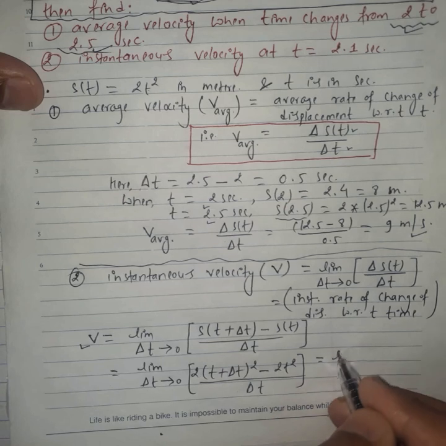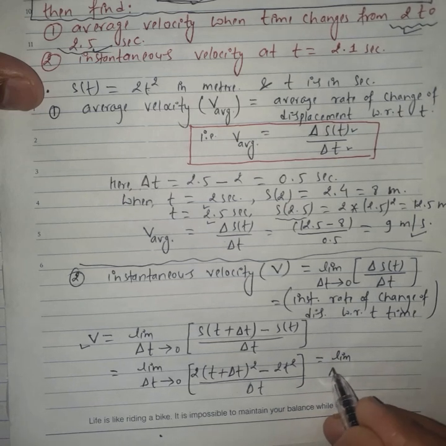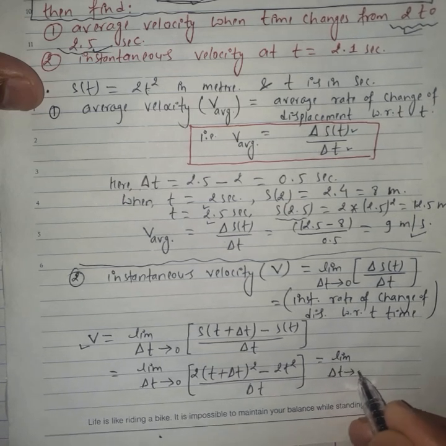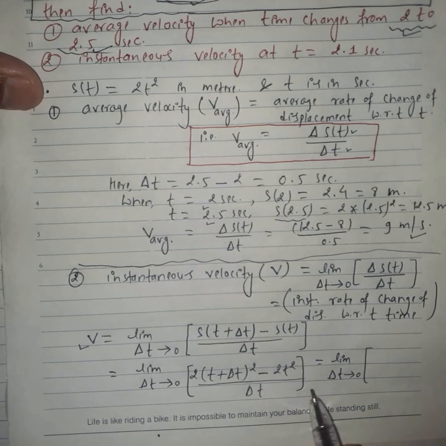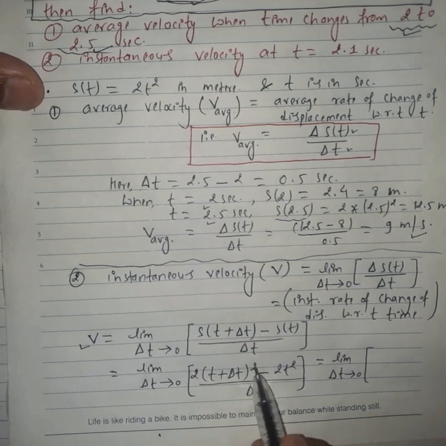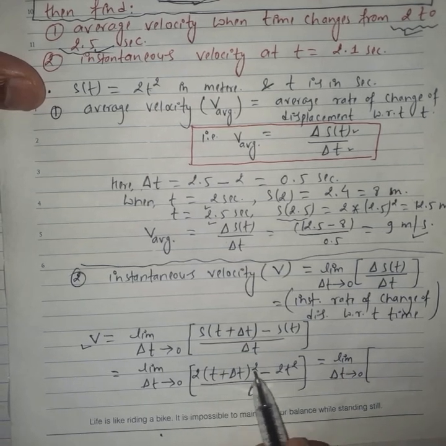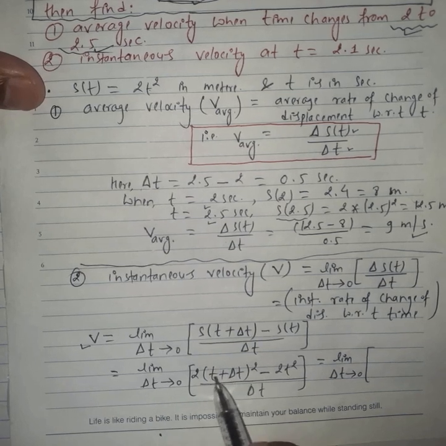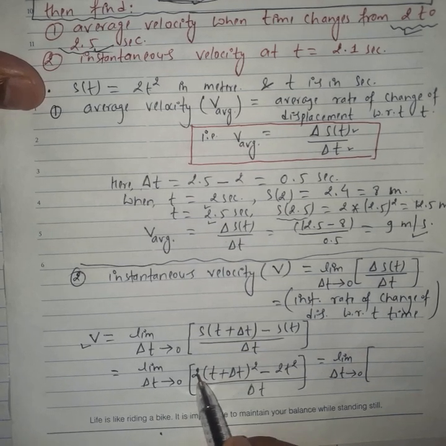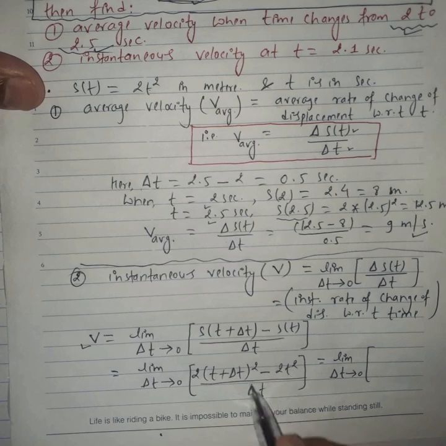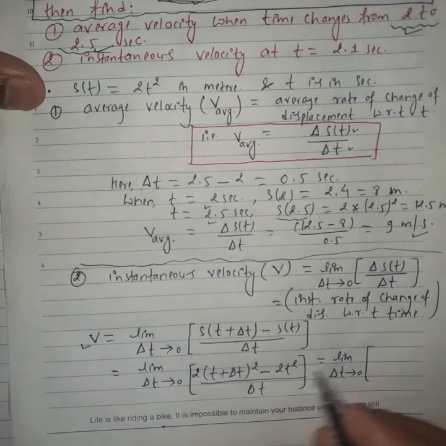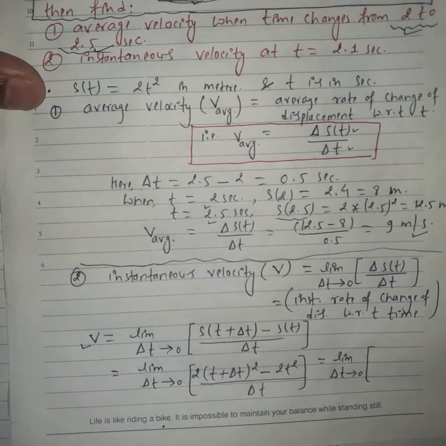This equals the limit as delta t approaches 0. If we simplify the numerator, it has the form of (a plus b) whole square. We can use the formula and then distribute the 2 among all the terms. Then after simplifying, we will get the final value.